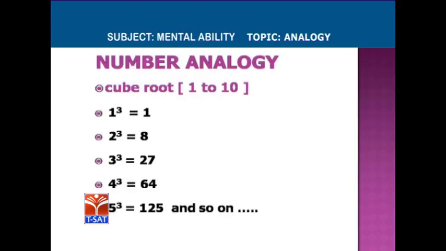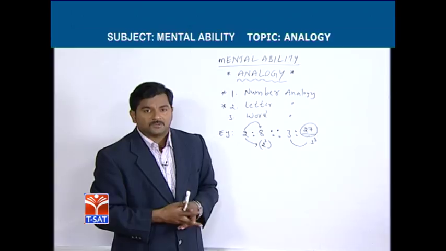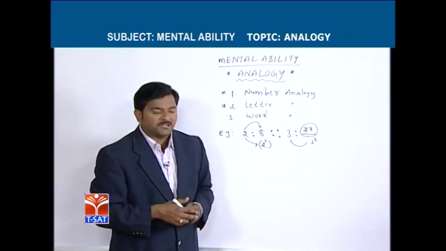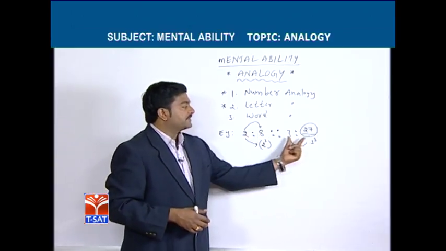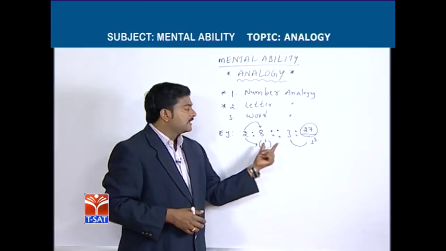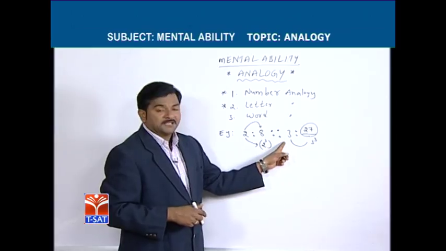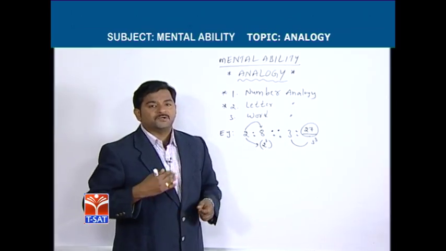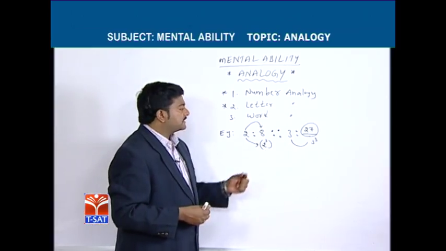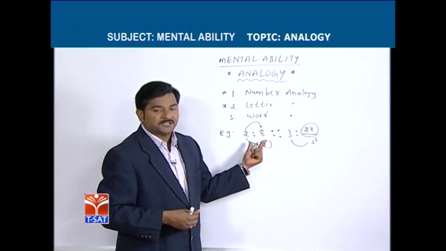This type of question is called an analogy question, that too a number analogy question. Here two sets of numbers will be given, one pair and a second pair, separated by the symbol "is as". You need to think in two ways. First way is to apply various concepts to pair 1.